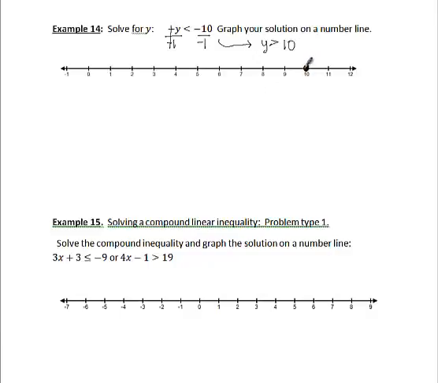And we locate a positive 10 on the number line, shade out to the right, and we're finished. Y greater than 10, to the right of 10.